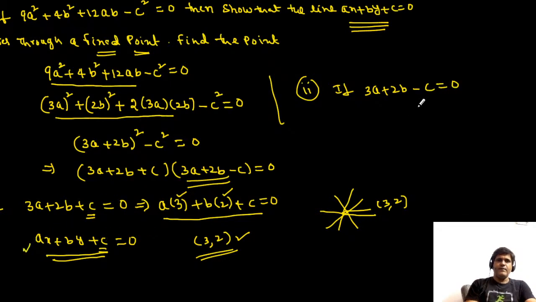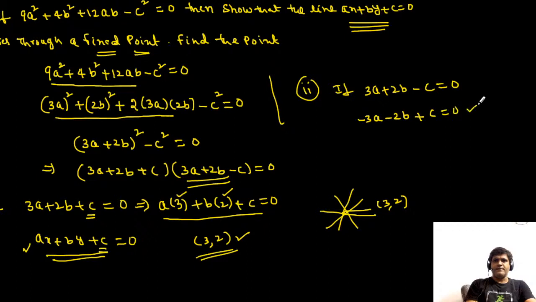Here plus c is there, but here minus c is there. Make the constant the same. To do that, you multiply this condition throughout by minus. Then you get −3a − 2b + c = 0.